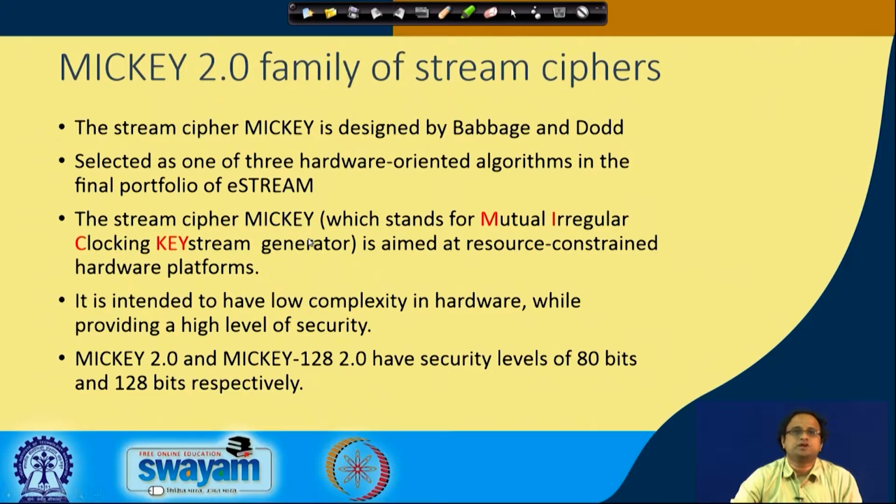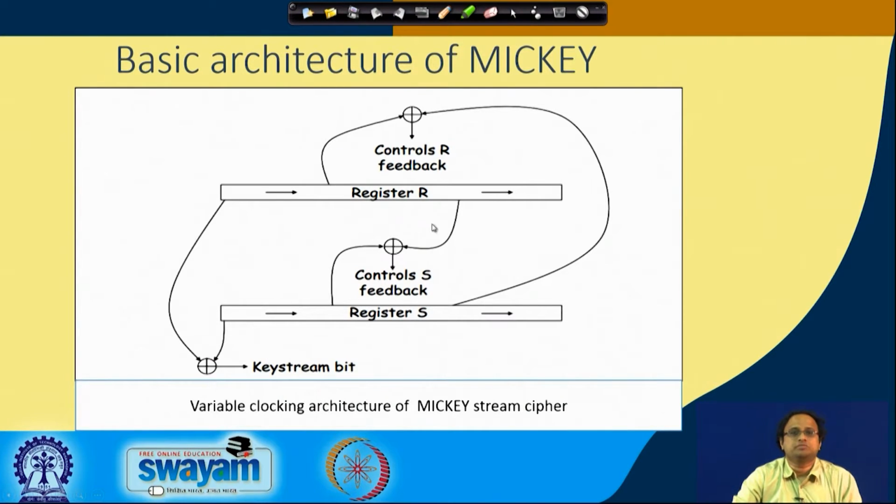The stream cipher Mickey, which stands for Mutual Irregular Clocking Keystream Generator, is aimed at resource-constrained hardware platforms, and it is intended to have a low complexity in hardware while providing a high level of security. In fact, Mickey 2 and Mickey 128 2.0 have security levels of 80 bits and as high as 128 bits respectively.